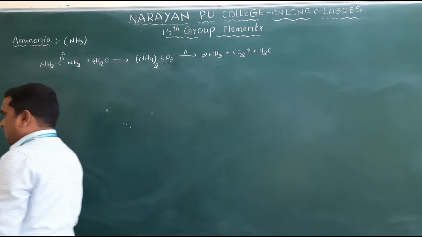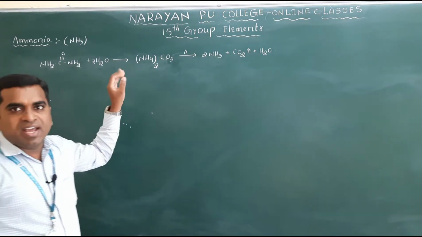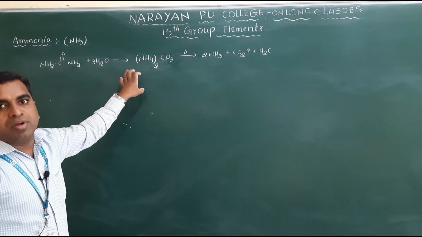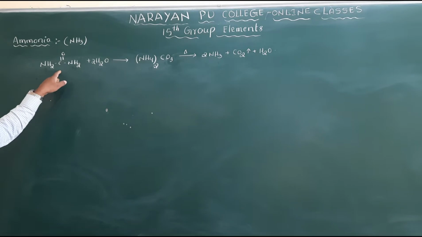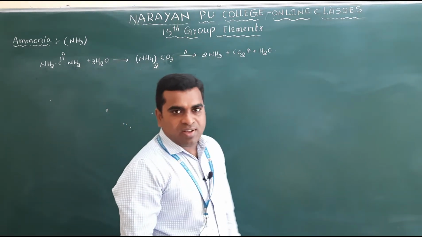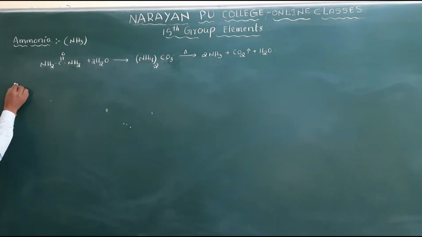So ammonia is present in small quantities in air and soil, formed by the decay of nitrogenous matter like urea. You are getting ammonia. Clear?